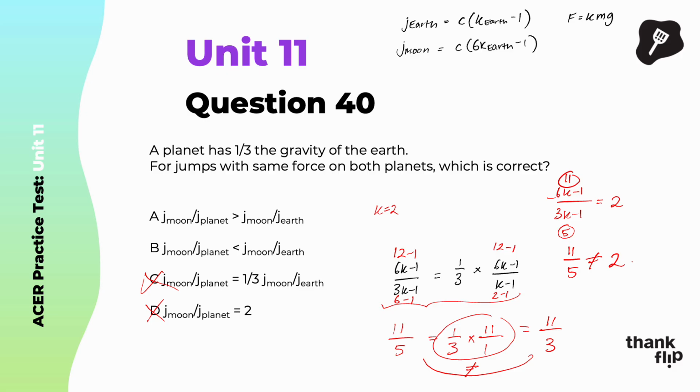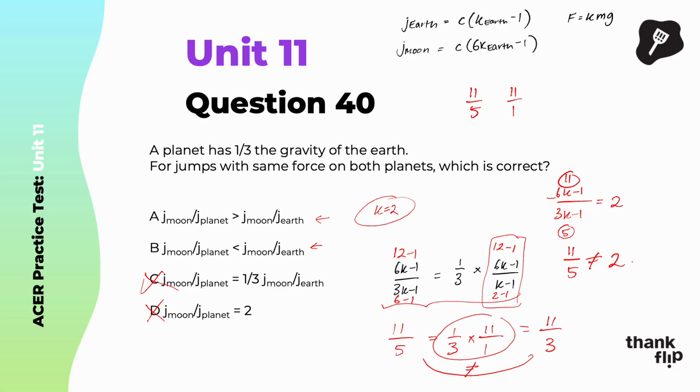And the thing is, you could have done that same thing for these as well. So if you have J moon over J planet, let's plug in the value of 2 again. J moon over J planet, we've already established, is 11 over 5. And then you have J moon over J earth, which, if we were just doing this little bit here, is equal to 11 over 1.